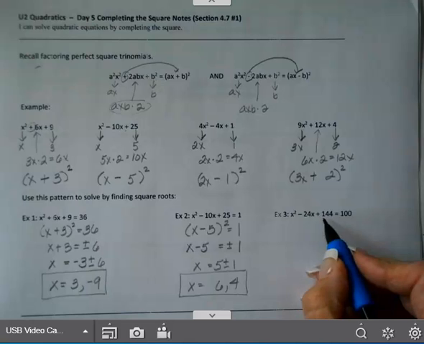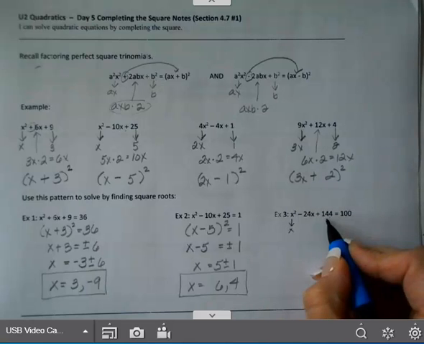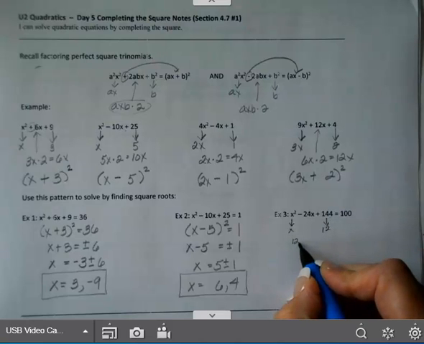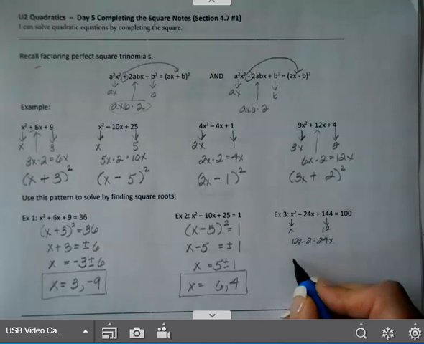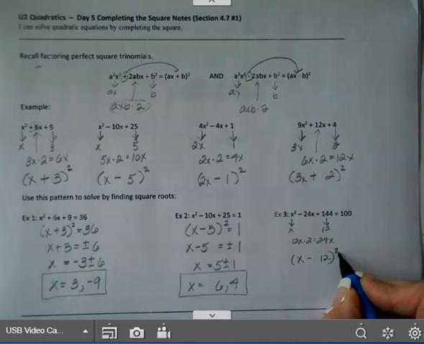We did not factor this one yet. Let's just double check it's a perfect square. That's x. Square root of 144 is 12. And 12x times 2 does equal 24x. We have a minus here, so we'll just need to make sure that we put a minus between our values. And that's squared.